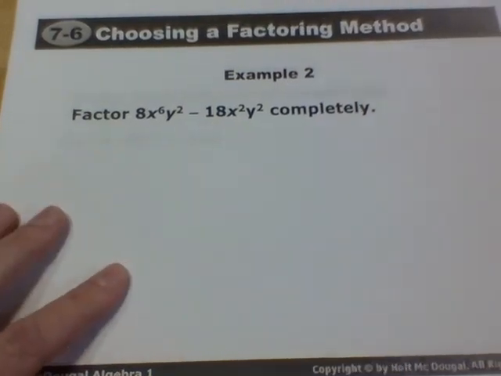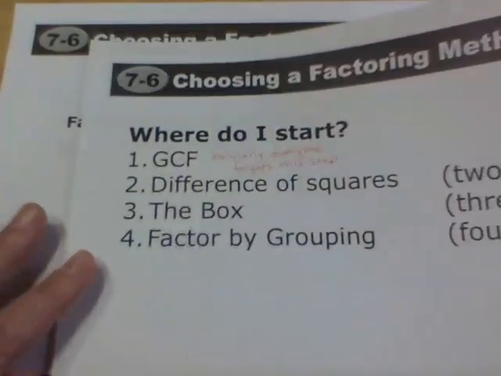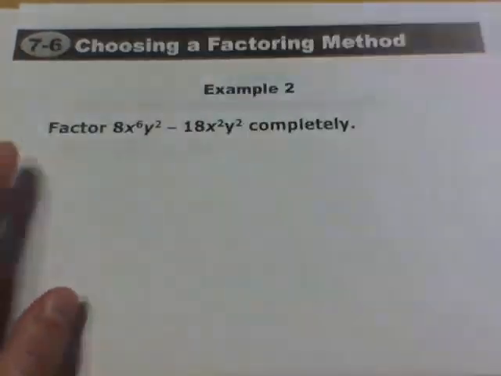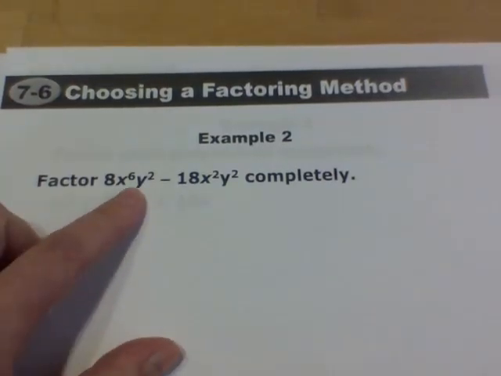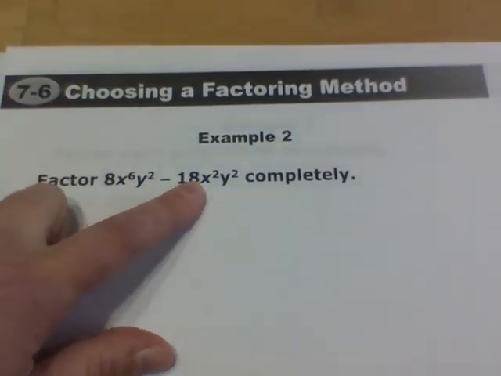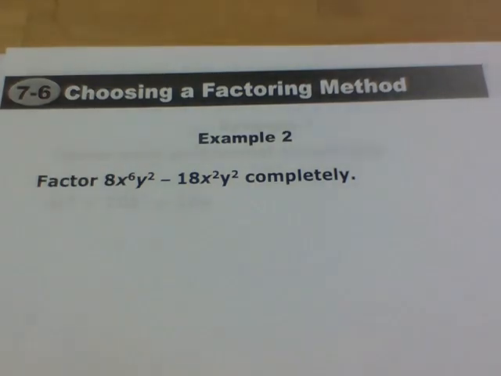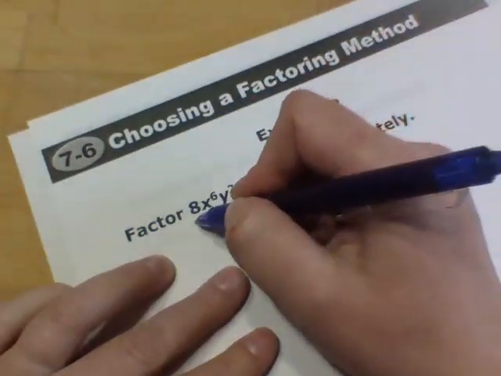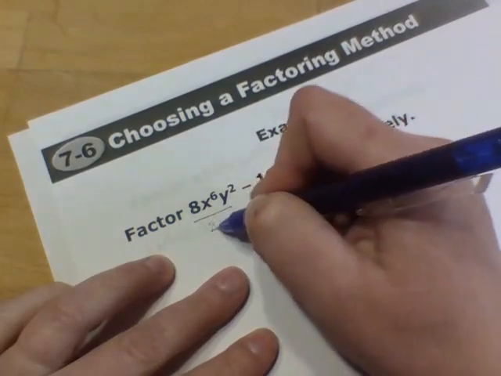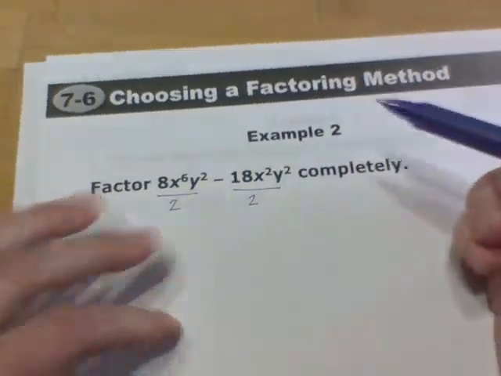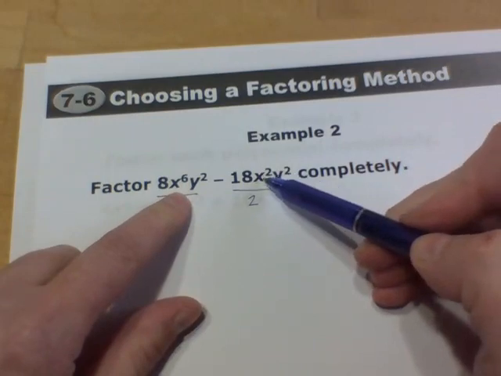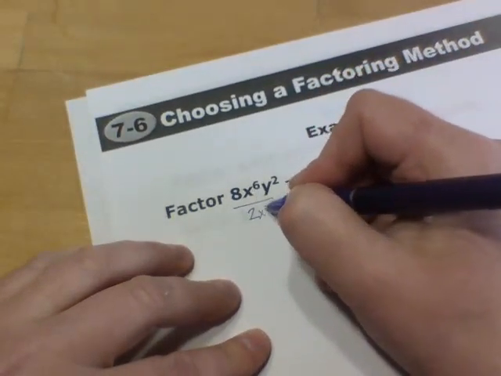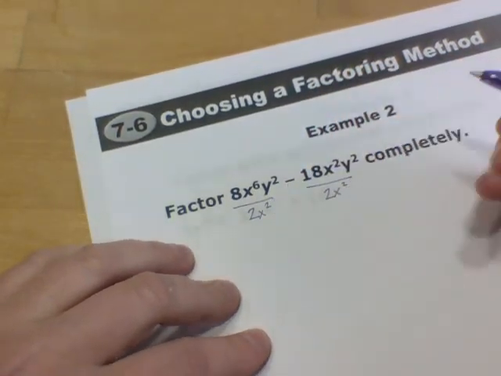All right, next piece. Again, where do you start? Always a GCF. So looking at 8x to the 6 y squared and 18x squared y squared, yikes, that's a lot. Both of these numbers are even, so we can at least take out a 2 from both of them, right? Then if we have x's, we can at least take x squared out of both of those x amounts.